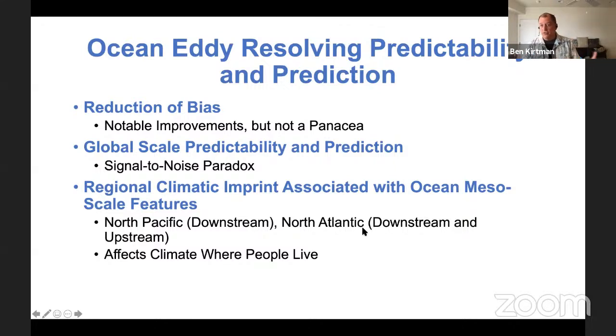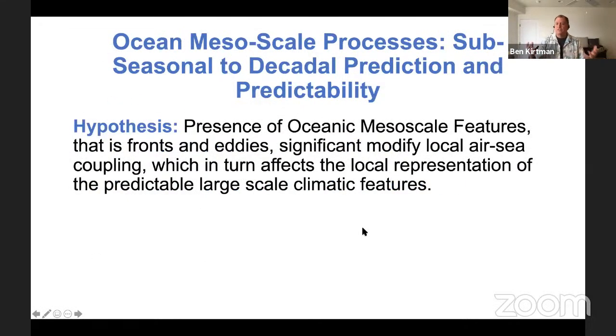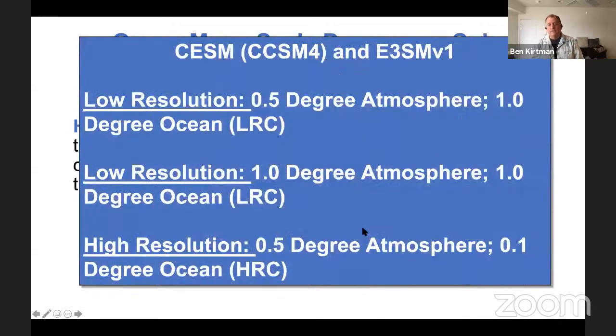And it's turning out that getting these ocean mesoscale features right may actually affect people where they live. That's the point I'm trying to make. The presence of ocean mesoscale features, fronts and eddies, modifies air-sea coupling, which affects the local representation of the predictable large-scale climatic features. Hopefully that's what I'm going to show you today.